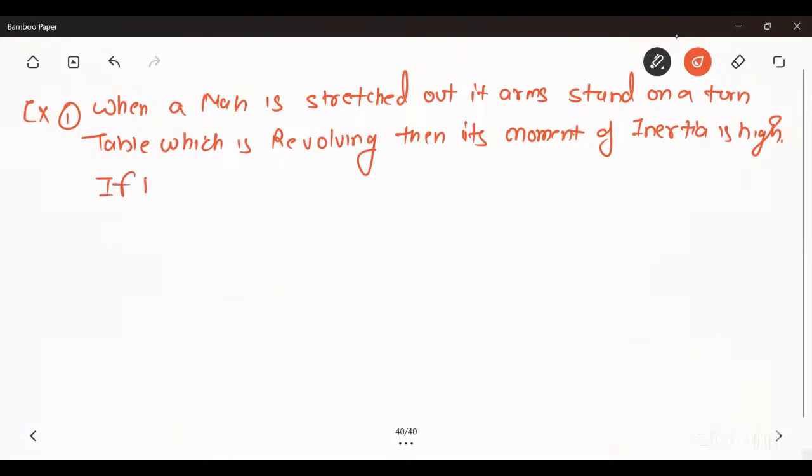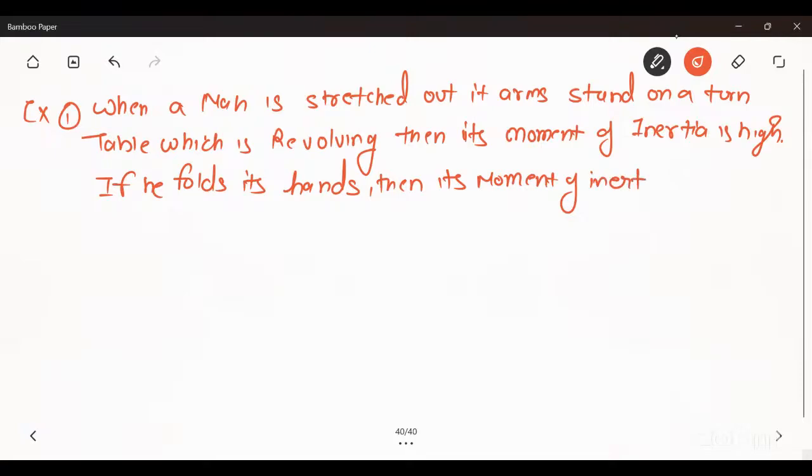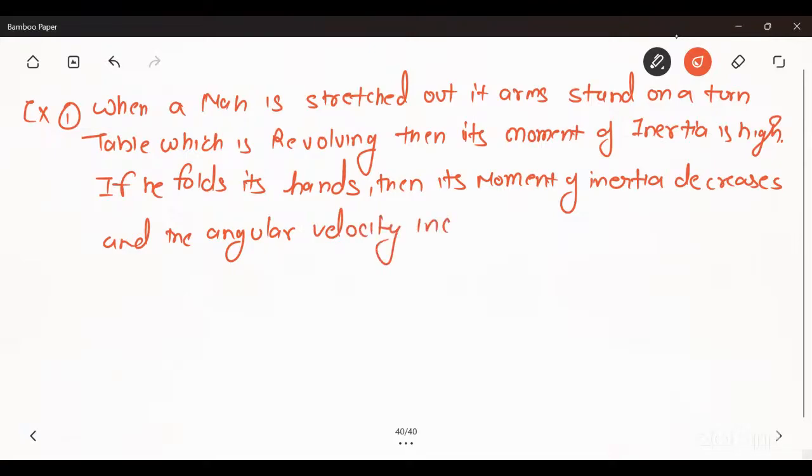If we fold his hands, then his moment of inertia decreases and the angular velocity increases.